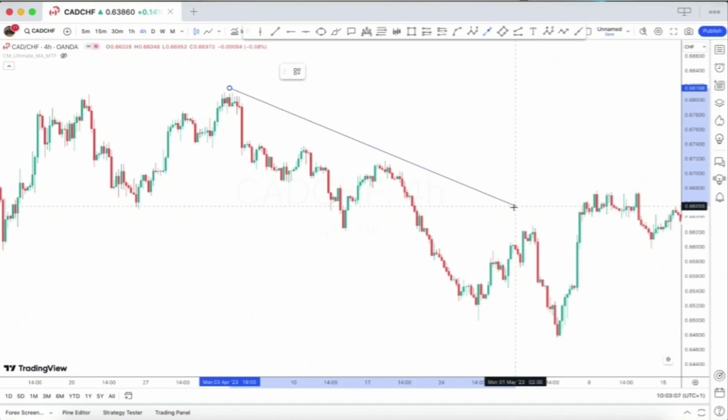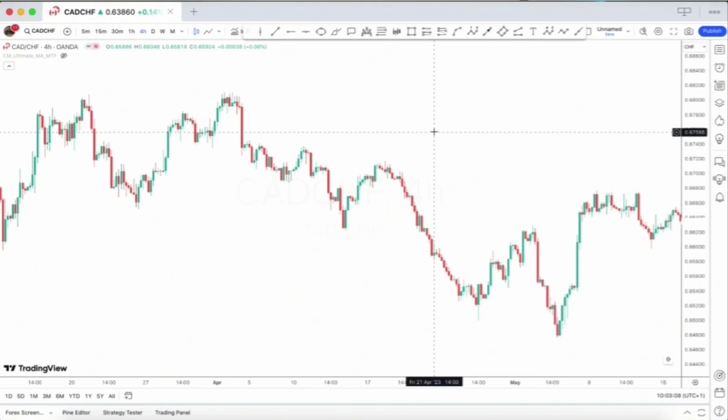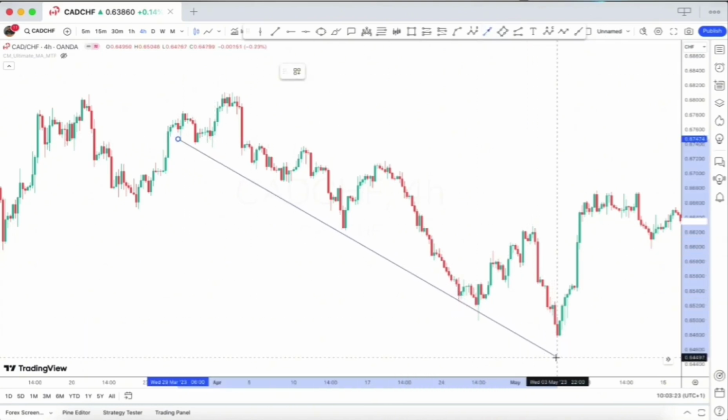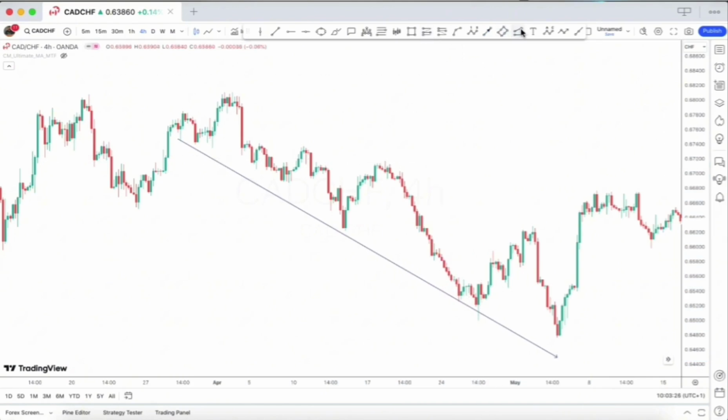So right now, to identify the support level, as we said the other time, the support level is actually the floor and the resistance is the ceiling. So right now the support level is going to be the one below, which is this level right here. And the resistance level right now is going to be the one at the top.